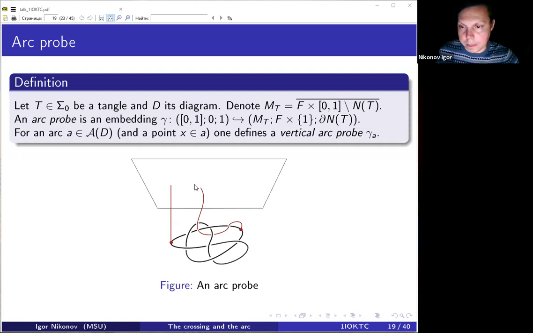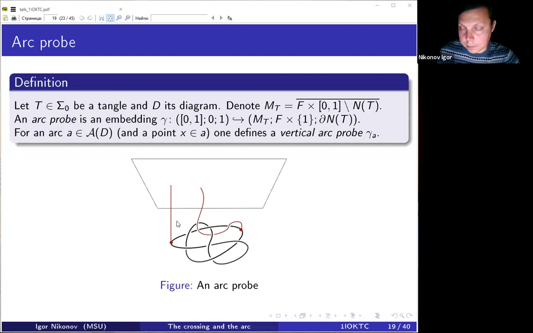And if you consider any path from the top boundary to the node, we get what is called an arc probe. So we have vertical arcs, which correspond to arcs of the diagram, and some arc probes, which don't correspond to anything.